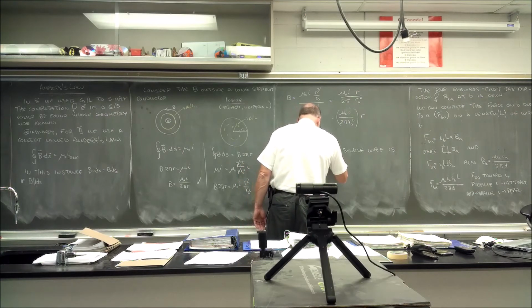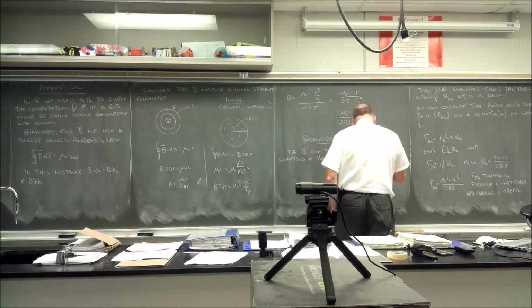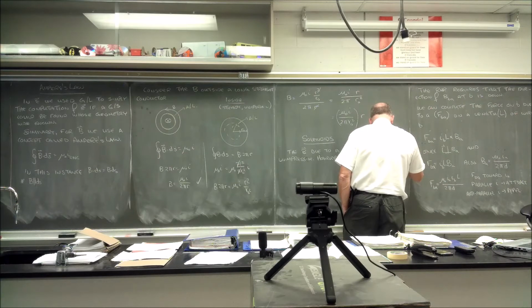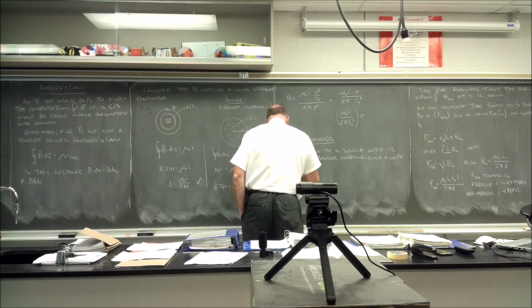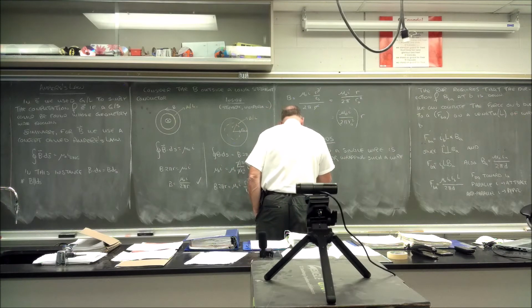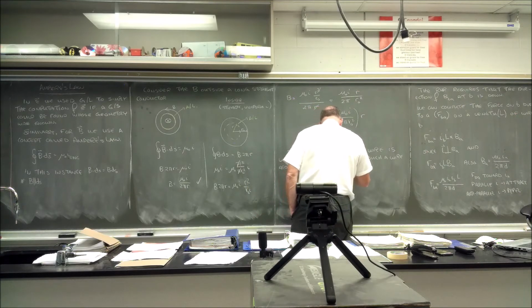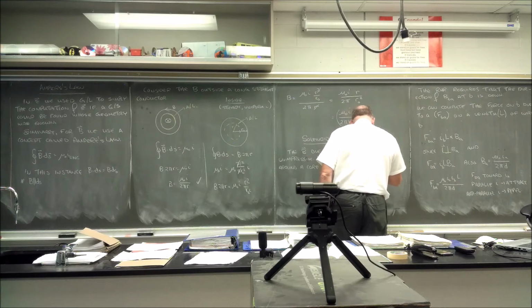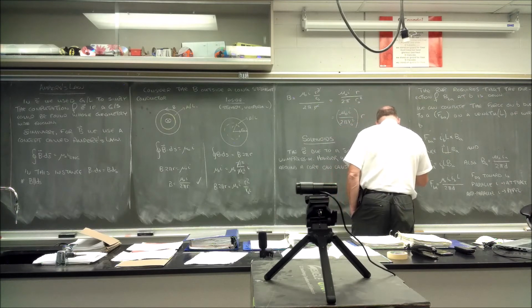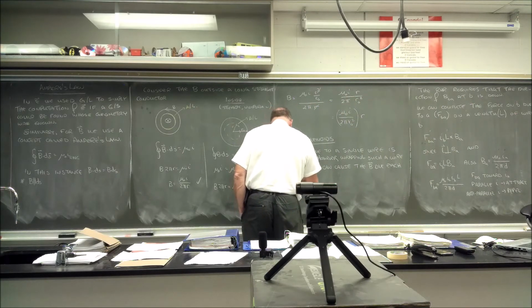However, wrapping such a wire around a core can cause the magnetic field due to each wire, or each turn, let's say, to add up.